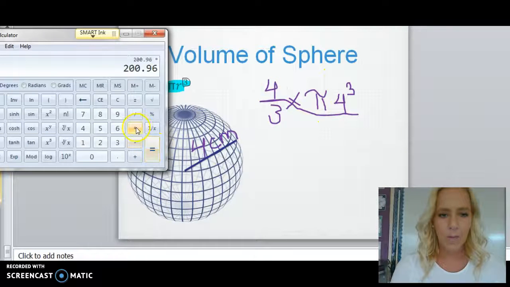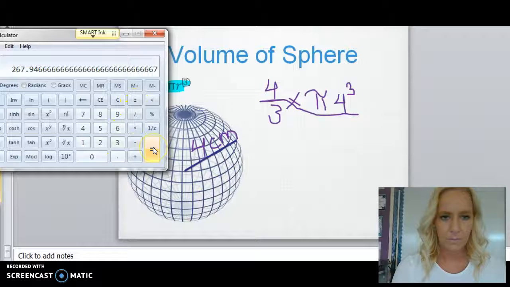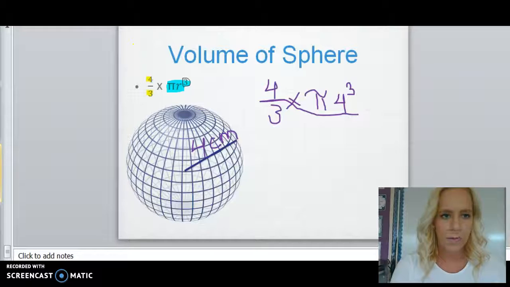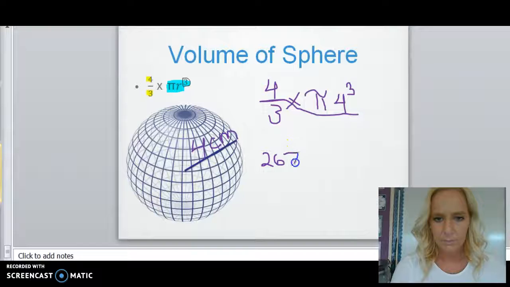Now I'm going to multiply by 4, then divide by 3. So the volume of the sphere is 267.9 centimeters cubed.